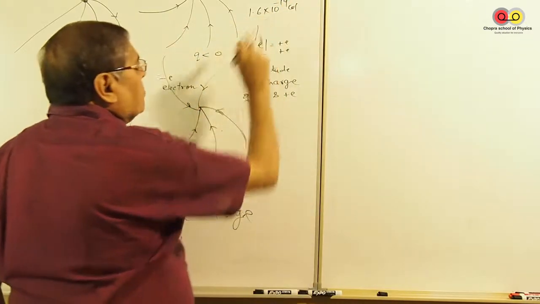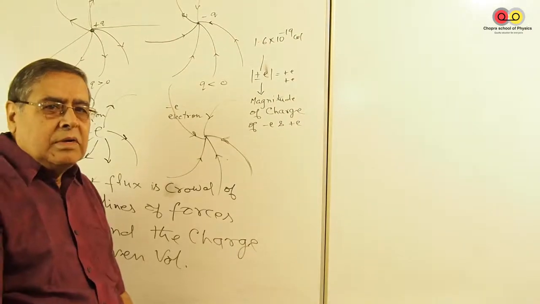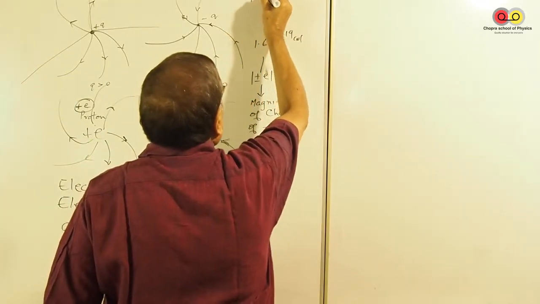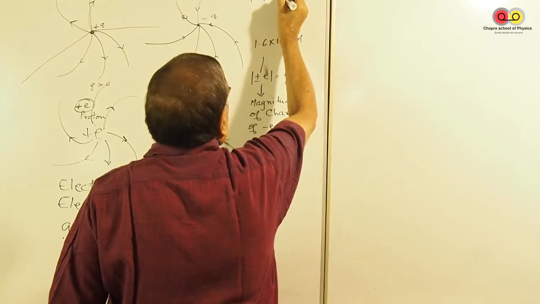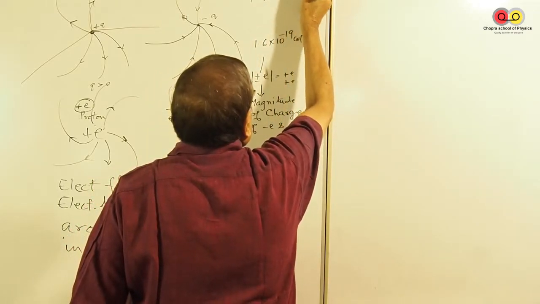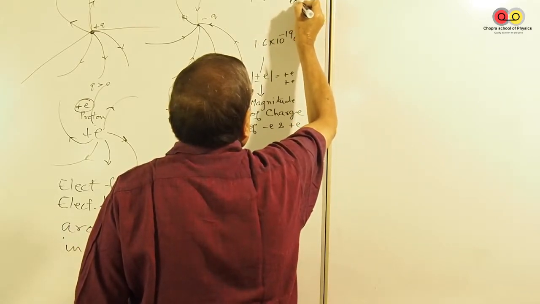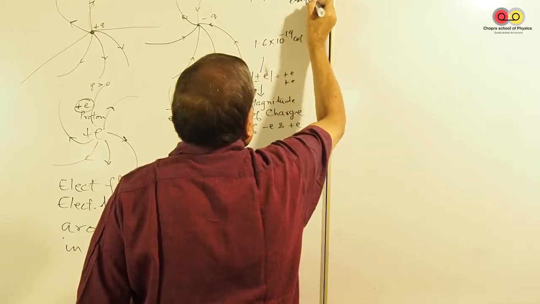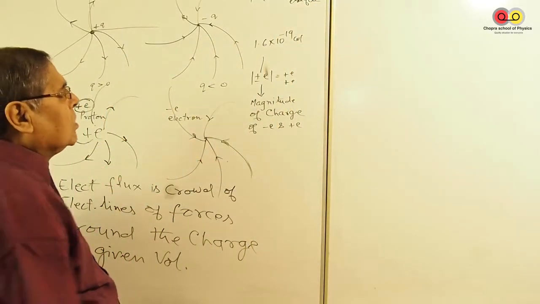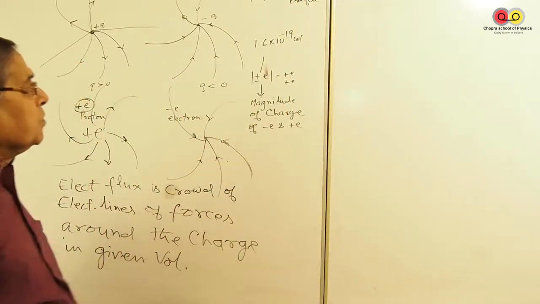If you wanted to convert it to CGS units, I have already explained that 1 Coulomb is nearly 3.3 × 10^9 ESU of charge, or you can take the approximation 3 × 10^9 ESU.